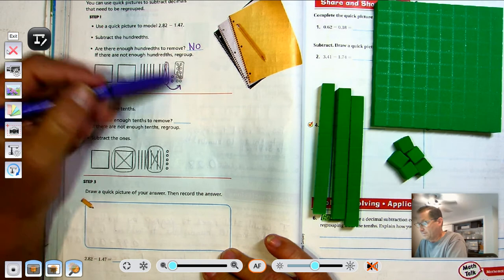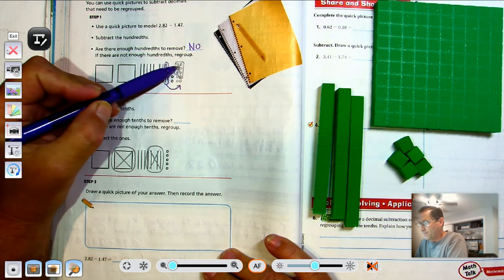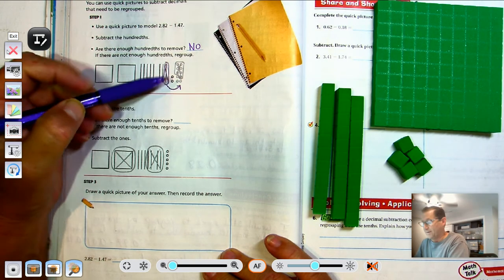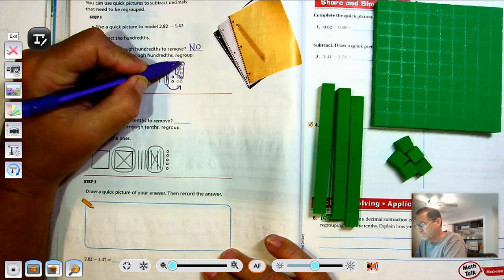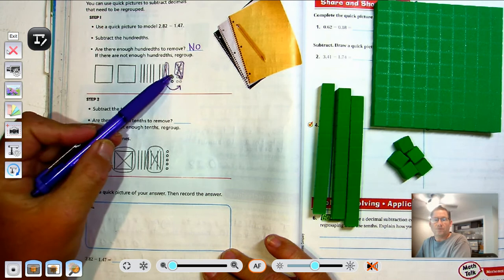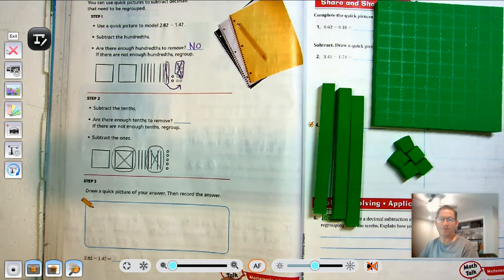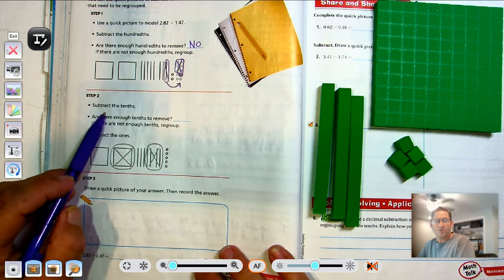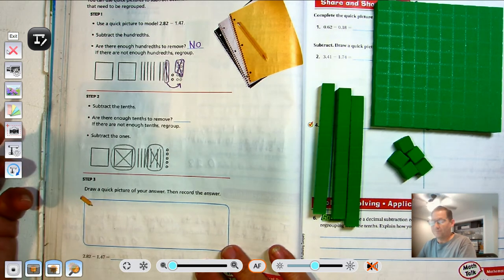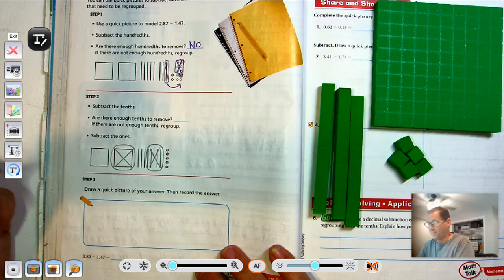We then removed 7. 1, 2, 3, 4, 5, 6, 7 hundredths. So this part of the picture shows when I removed the 7 hundredths. Okay, so then step 2 was subtract the tenths. Were there enough tenths to remove? Yes.